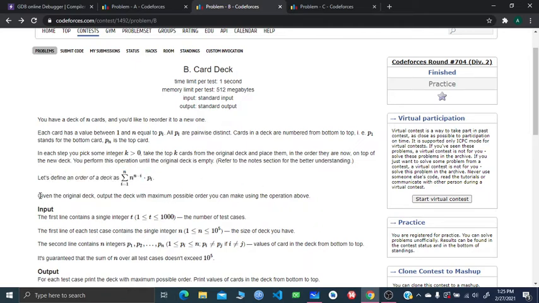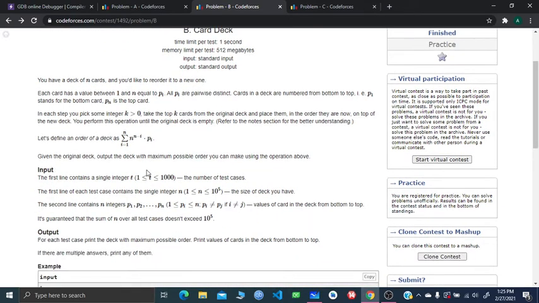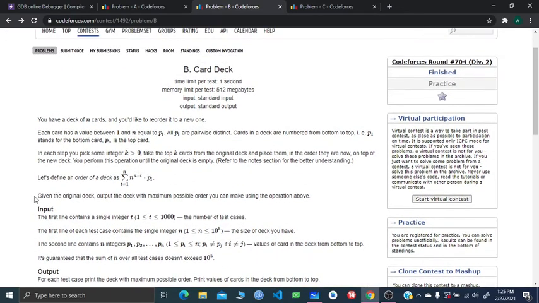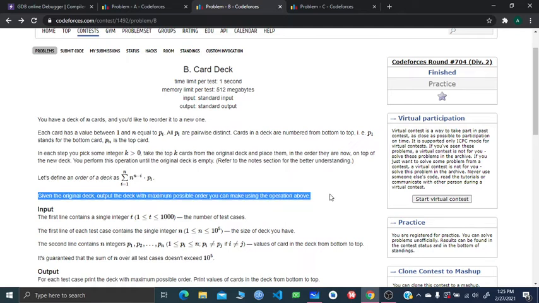Now, what we have to do, given the original deck, output the deck with the maximum possible order you can make using the above operation. Okay, so I have to find the maximum possible order.